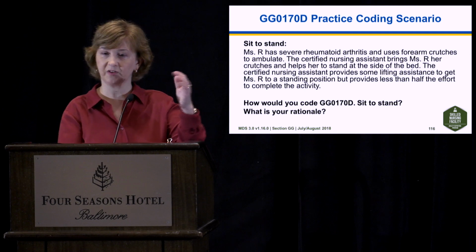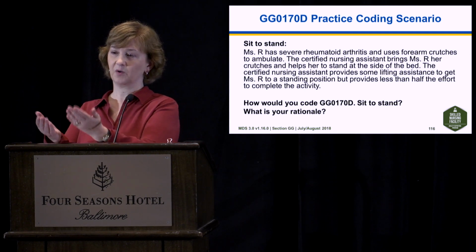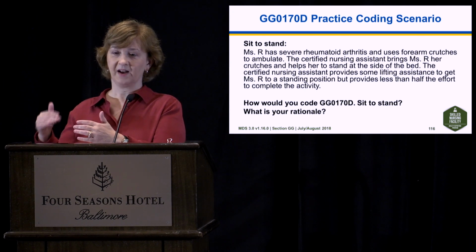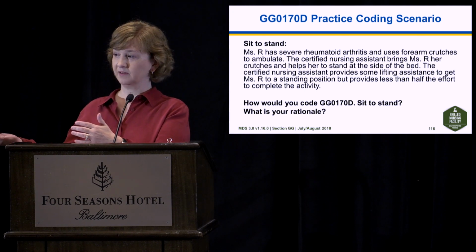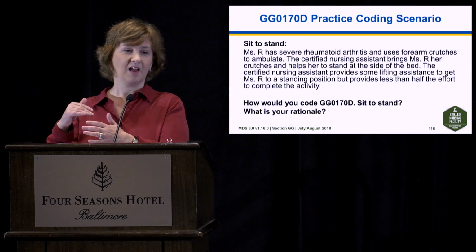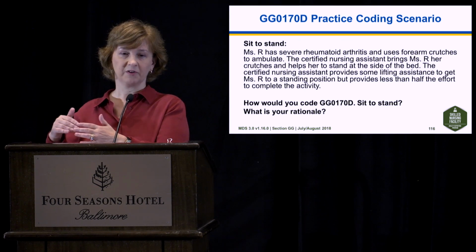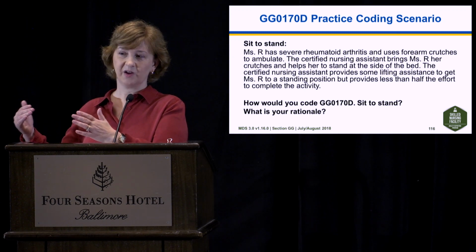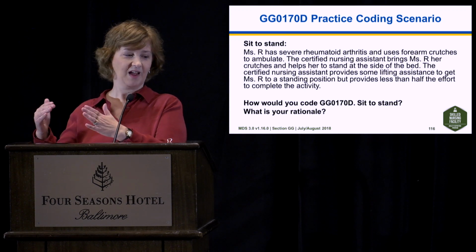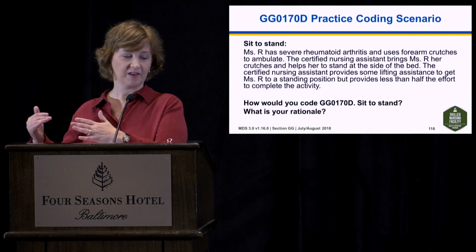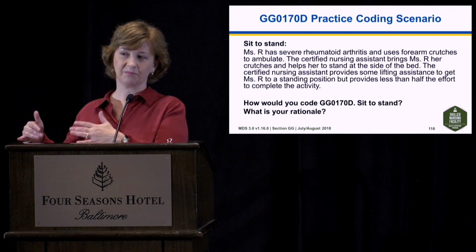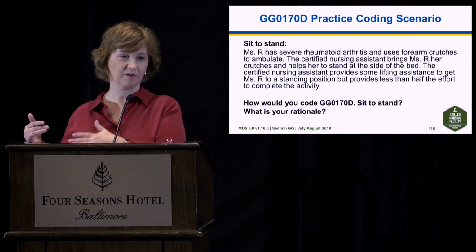So if we walk through the decision tree for this example, a helper is required. Is it more than set up or clean up assistance from one helper? Yes. Is there only supervision, touching, or verbal cueing necessary, or is it more? Okay, is the resident providing more than half of the effort with some lifting and trunk support assistance from a helper, or is it more?